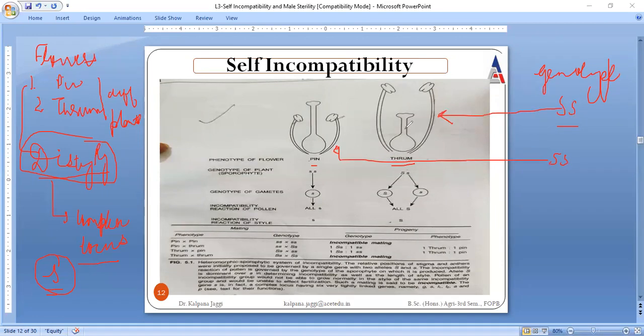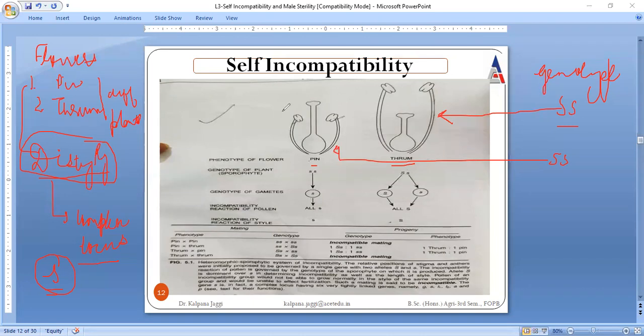Now the incompatible mating between pin and thrum. Now I will show you the compatibility crosses. I hope this is clear to all. I said that in a heteromorphic system, flowers of different incompatibility groups also differ in morphology. One example I gave was a flower having two morphologies, pin and thrum.